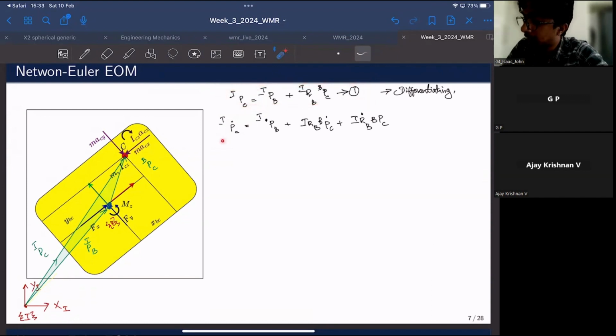And if you take a look at each of these terms individually, what do you think about this term?